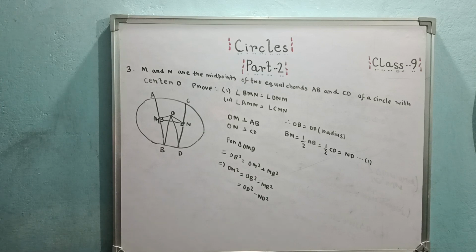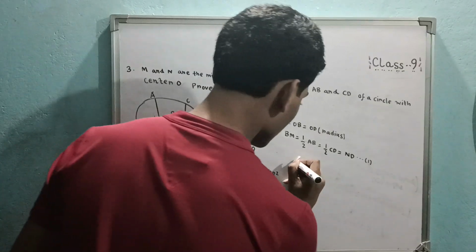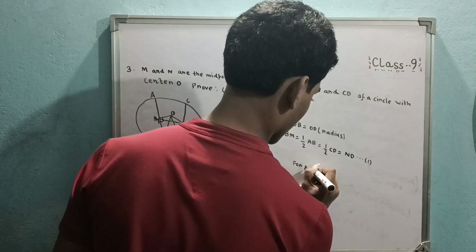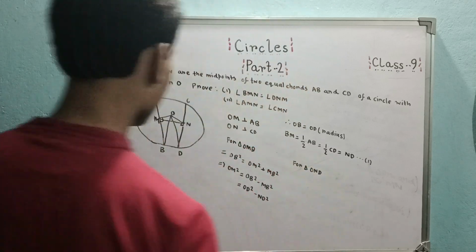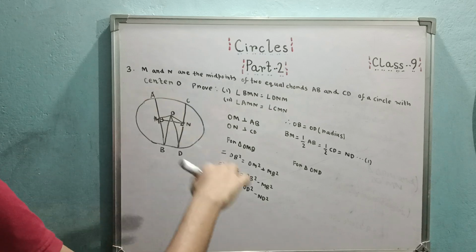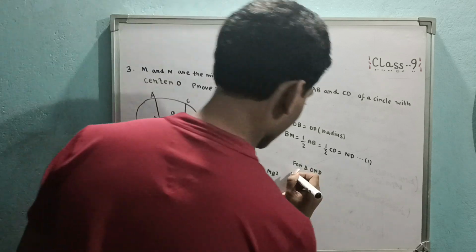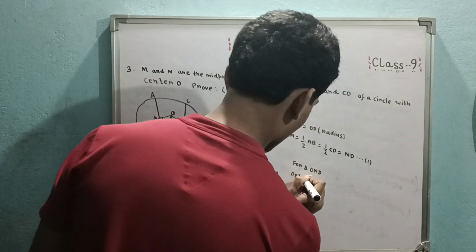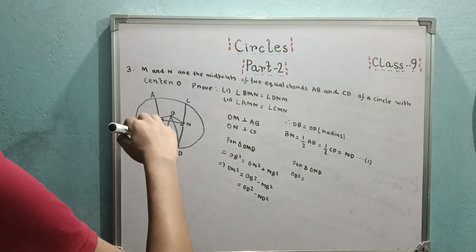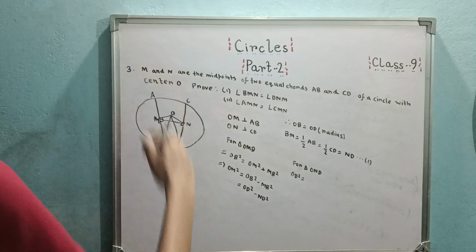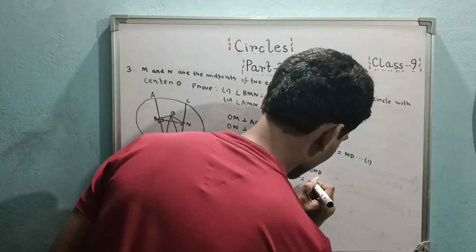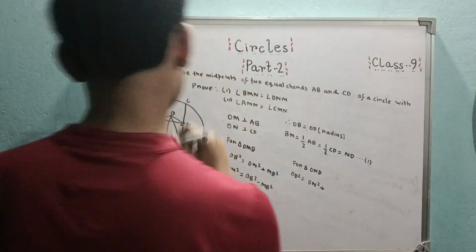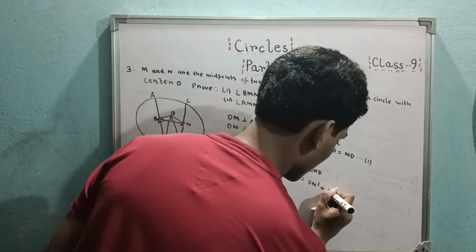Now, if I see for triangle OND, here you will see that hypotenuse square, which is OD square, equal to height square ON square plus base square ND square.